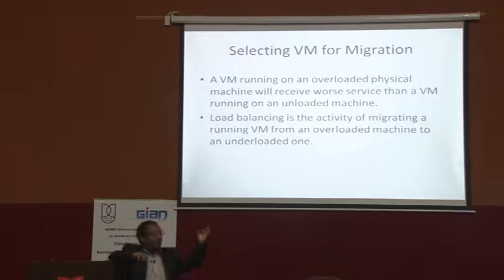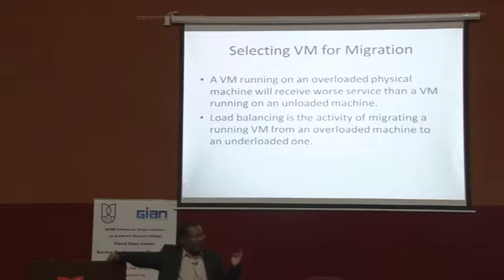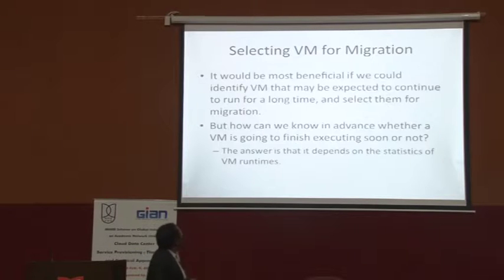Now we have 3 problems here, which I will formulate tomorrow for you in a mathematical formula. One, which one do you select? You have 4 processes, I think I have an example here.